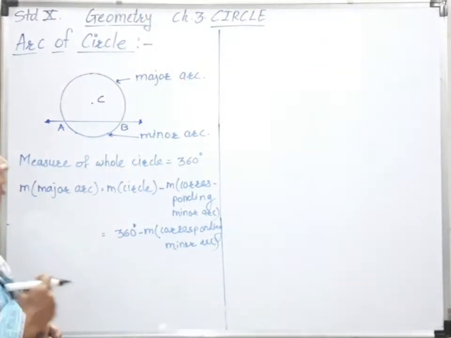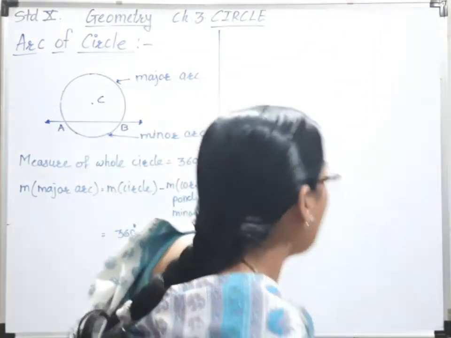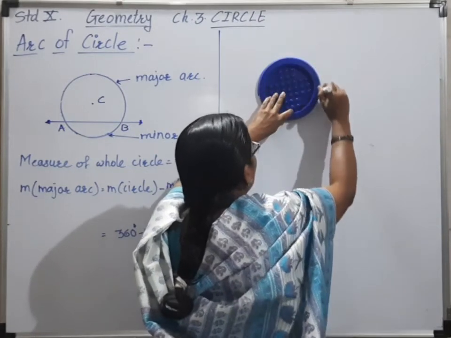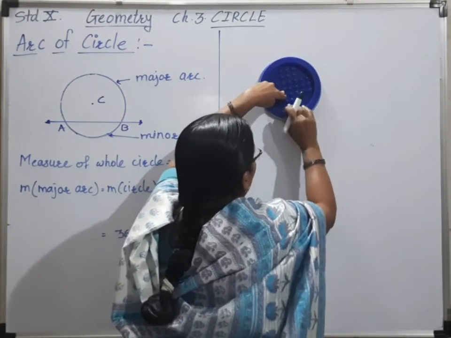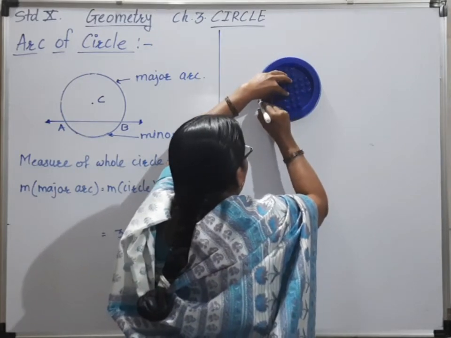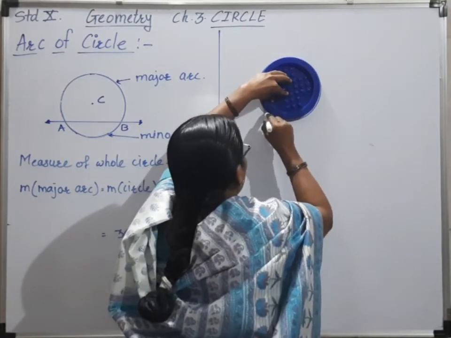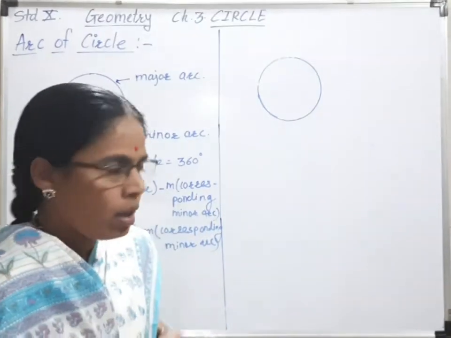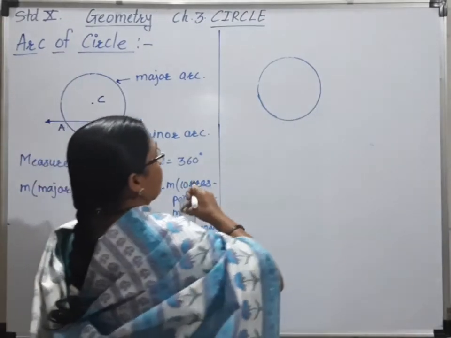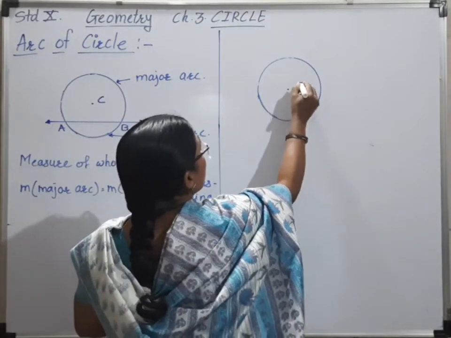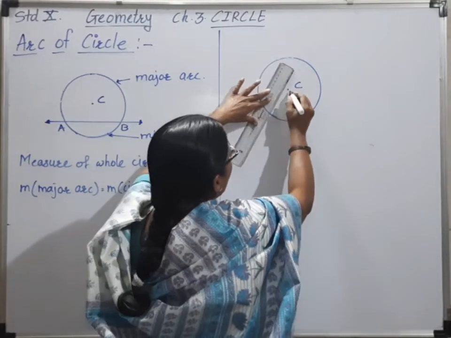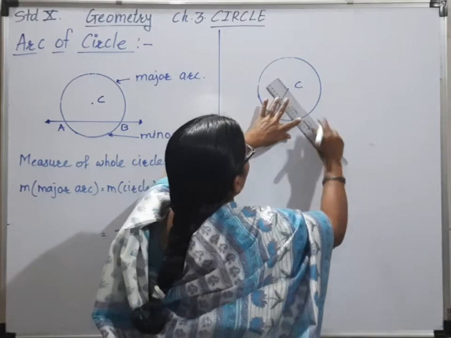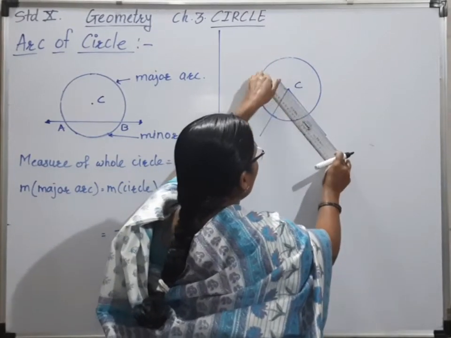Now in this circle, C is the center, and if an angle is formed at this center, then it is called the central angle.